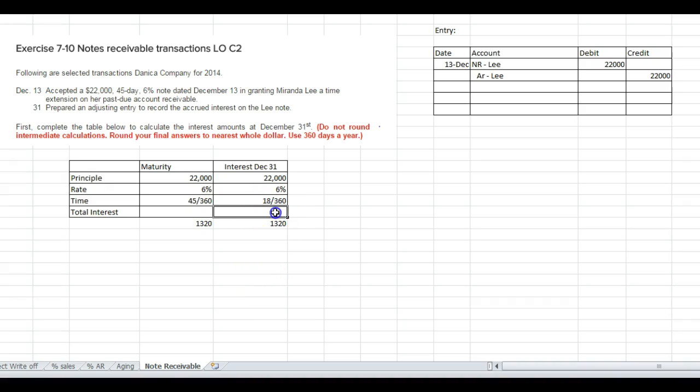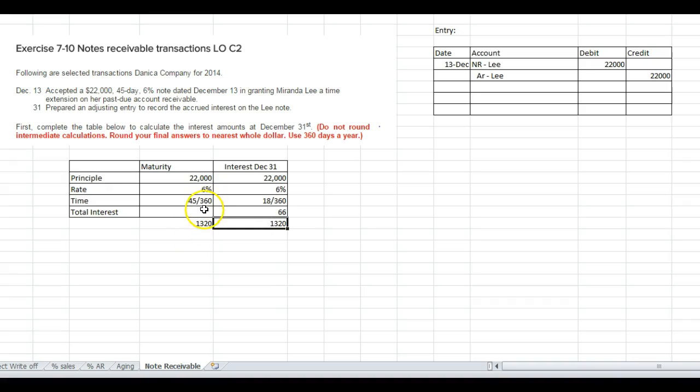So that means I need to calculate how much she will owe on December 31st. And all you're going to do is take that number, multiply it times 18, and then divide it by the 360 days. And that's going to tell you she's going to owe us $66 in interest on December 31st.